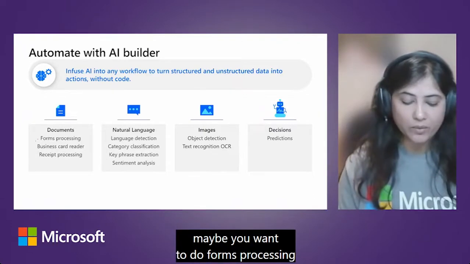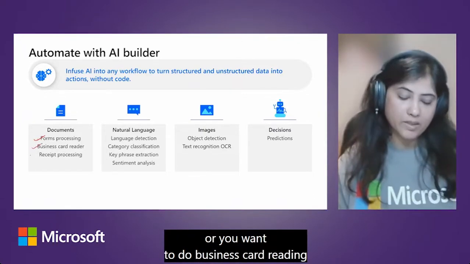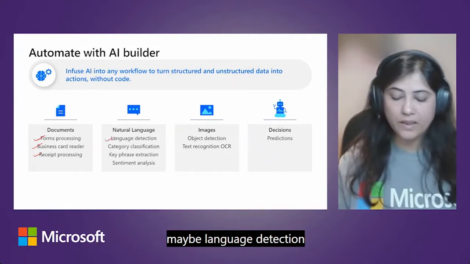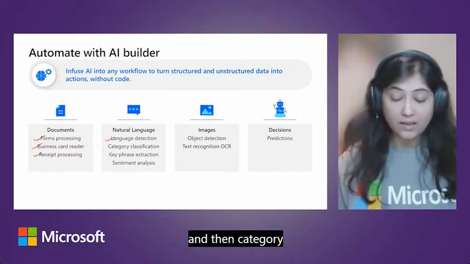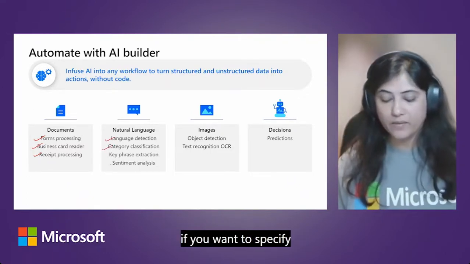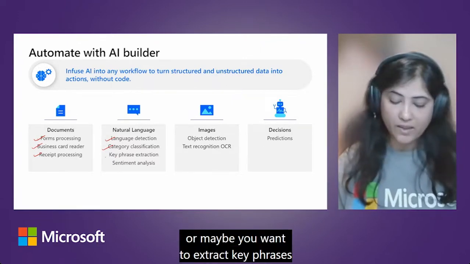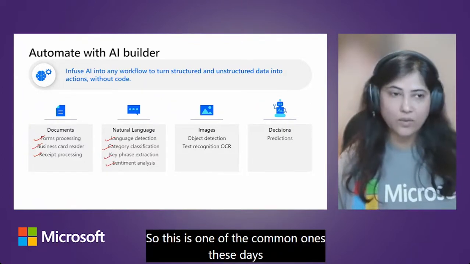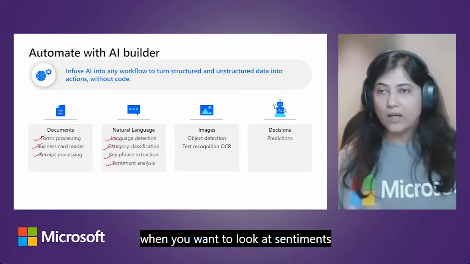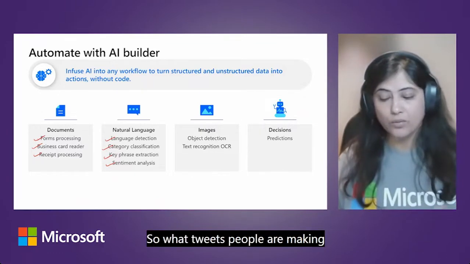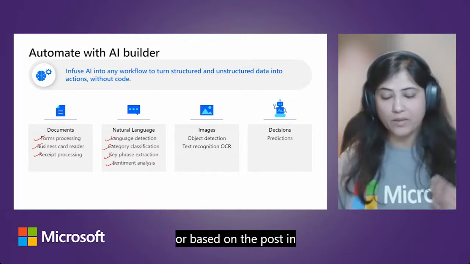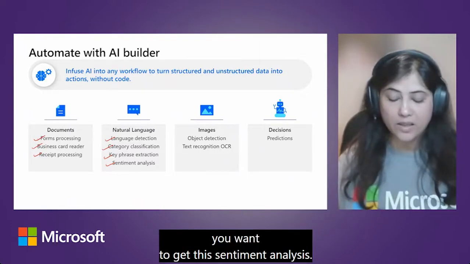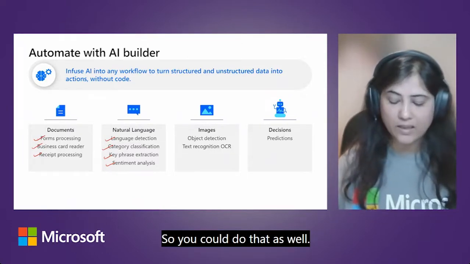So you can do things like forms processing, business card reading, or receipt processing, or language detection, and a category for classification if you want to specify. Or maybe you want to extract key phrases from your information, you can do that. Or sentiment analysis, which is one of the common ones these days when you want to look at sentiments on social media, like what tweets people are making, or based on the posts on Facebook or LinkedIn, you can get this sentiment analysis as well.